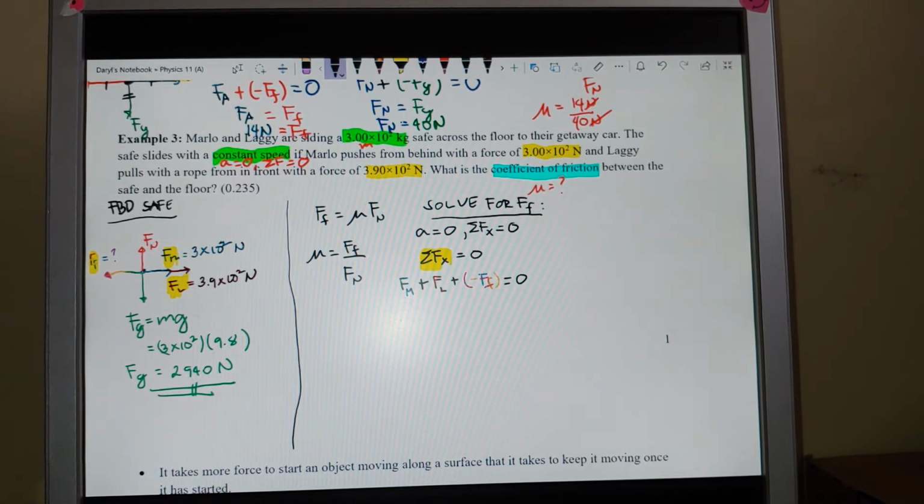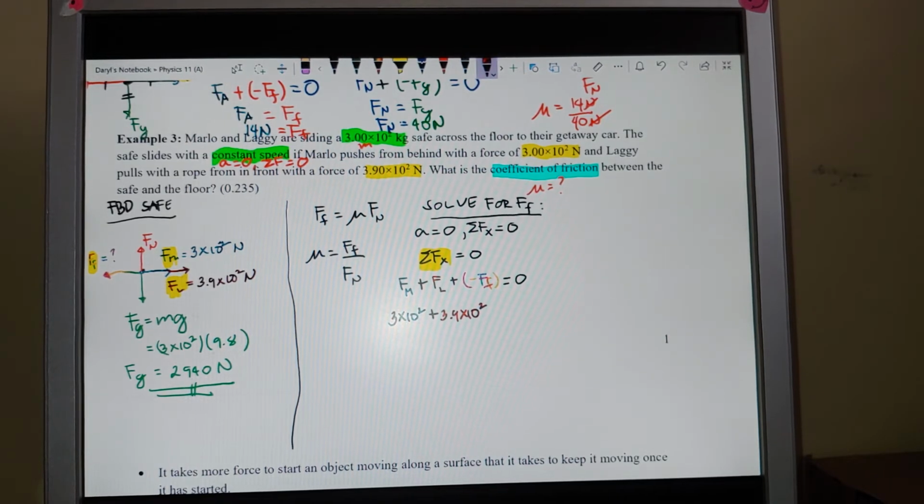So if we're going to solve for FF, FM is given by 3 times 10 to the power of 2 plus FL, which is given by 3.9 times 10 to the power of 2.